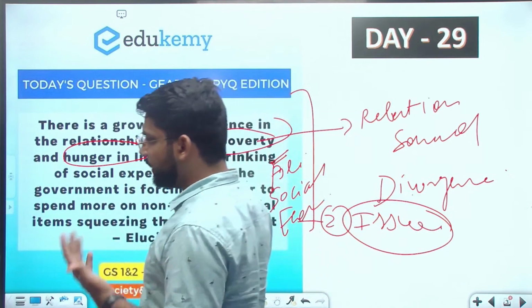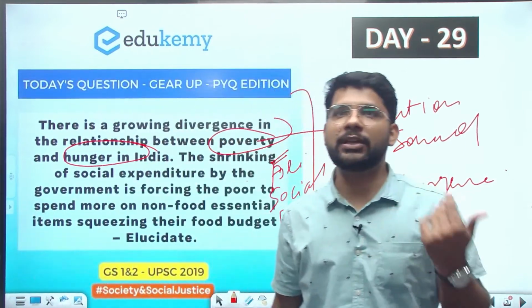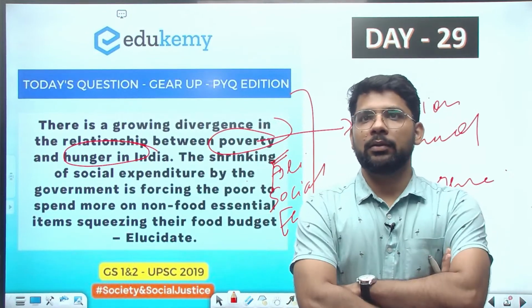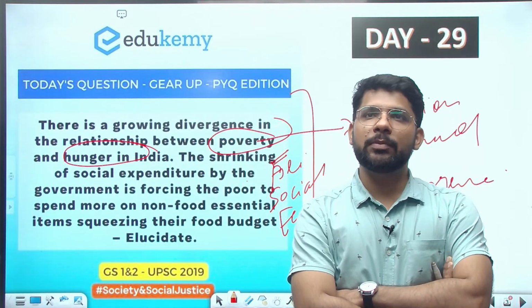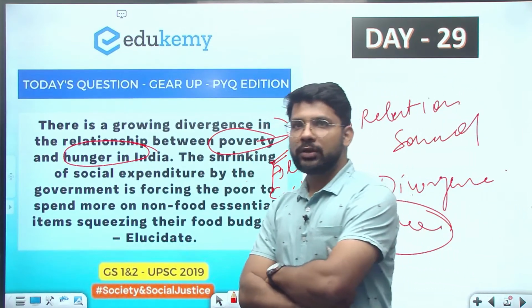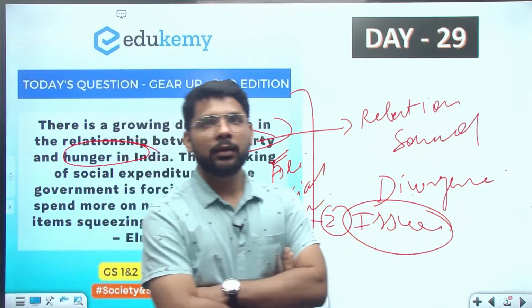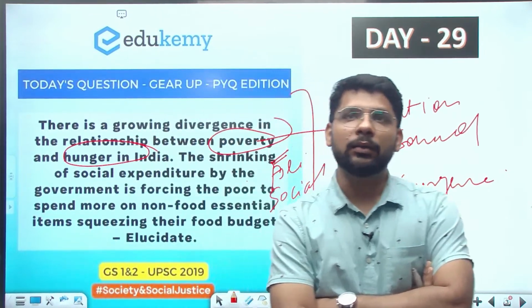The other way we can address the question is to write about the increasing spending by common people on non-essentials, like health and education, which leads to poverty and promotes hunger.